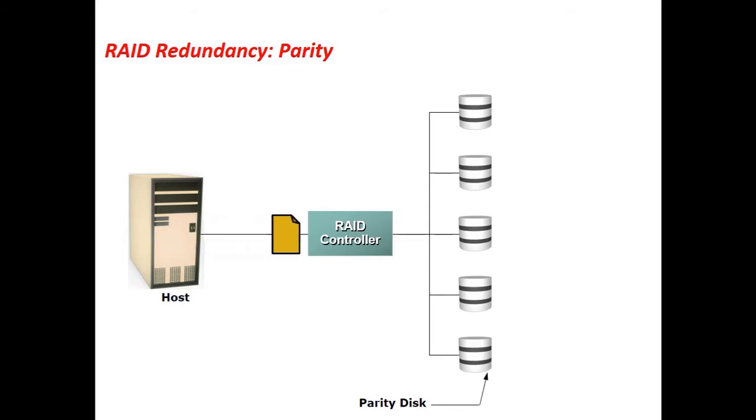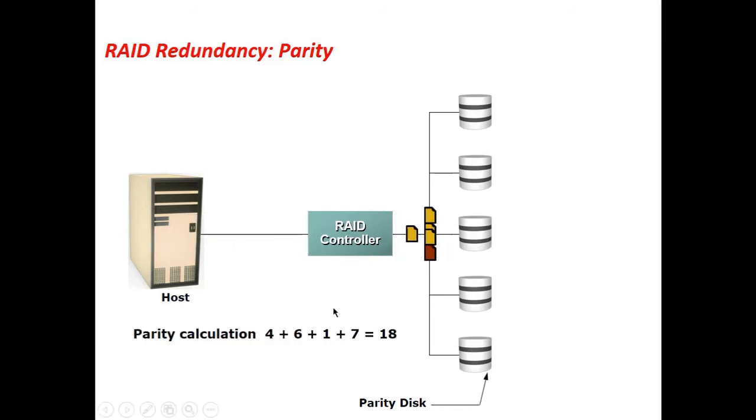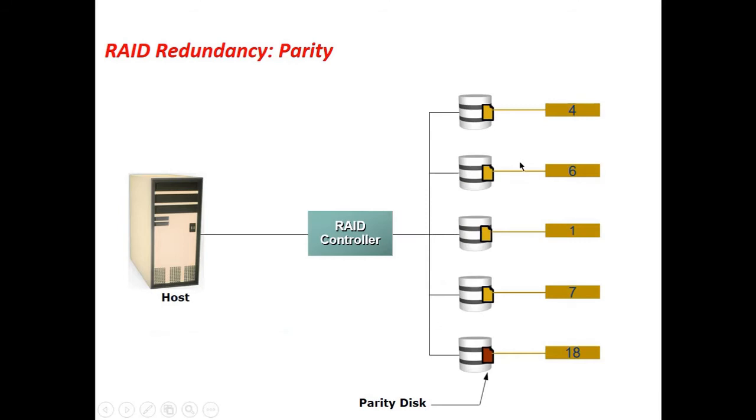Let us assume we have a chunk of data. It is striped by the RAID controller and it computes a parity. In this case, parity is the sum of all these values. 4 plus 6 plus 1 plus 7 will yield a value 18. In this example, the parity disk will contain the sum of all the other values.